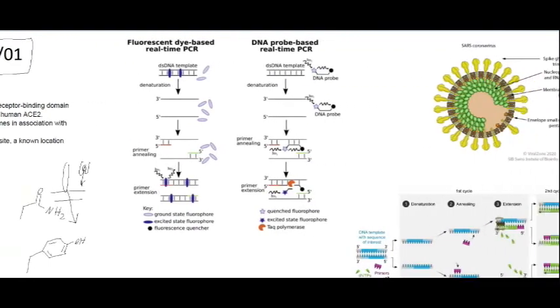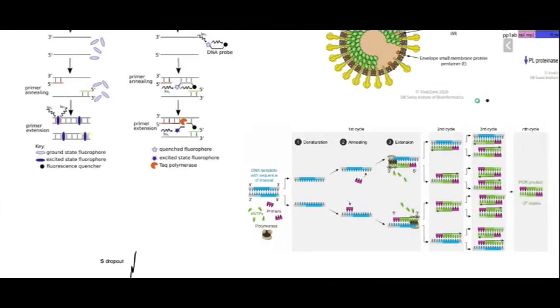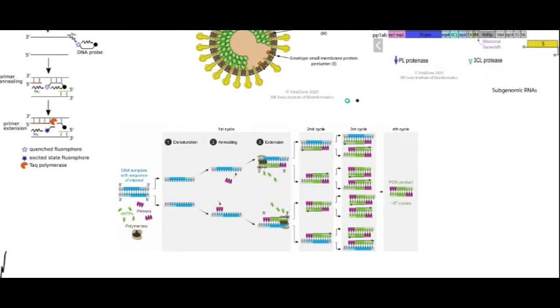So what they do to test this is actually use this thing called real-time PCR, often called RT-PCR, where PCR stands for polymerase chain reaction. This is sometimes called qPCR for quantitative PCR. And to give an idea of PCR, I have this down here.